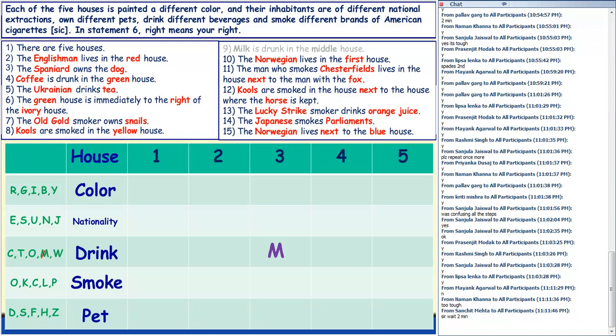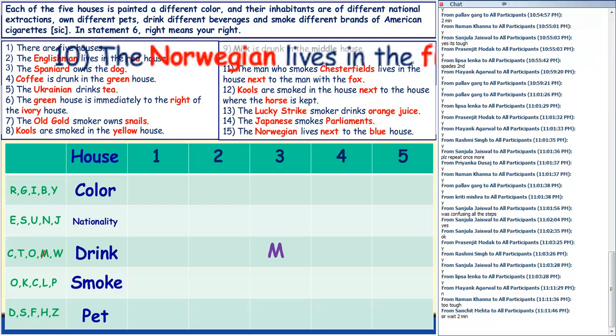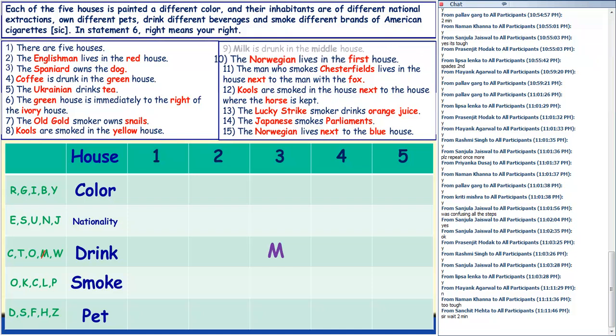Now, after that, the next important thing: the Norwegian lives in the first house. That's the 10th one, which is very, very important. So its position is also fixed. Norwegian in the first house. Then, the man who smokes Chesterfield lives in the house next to the man with the fox. No fixed information.